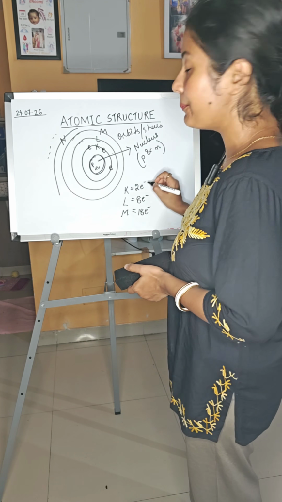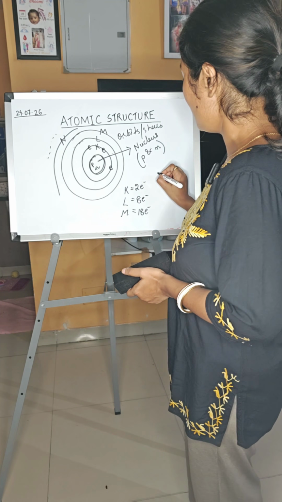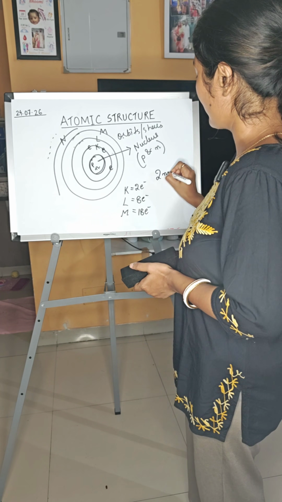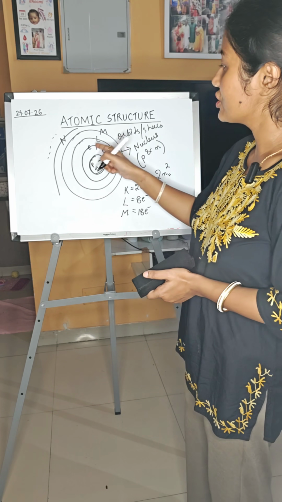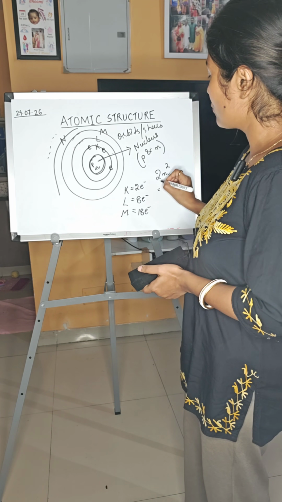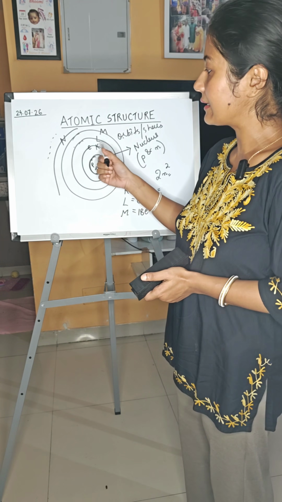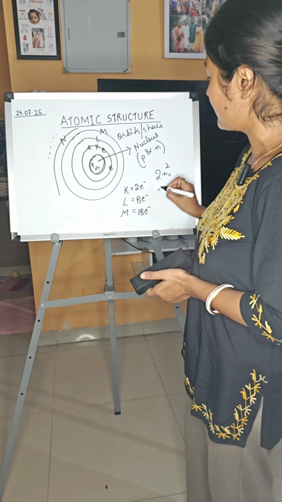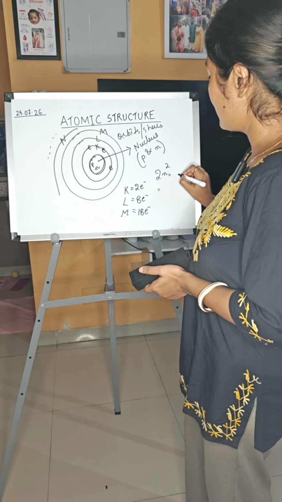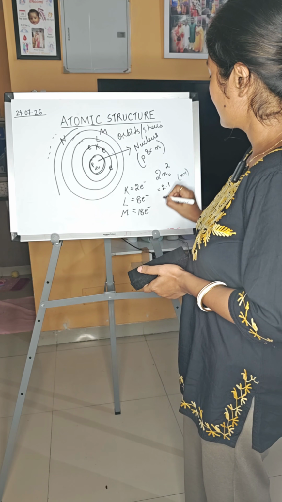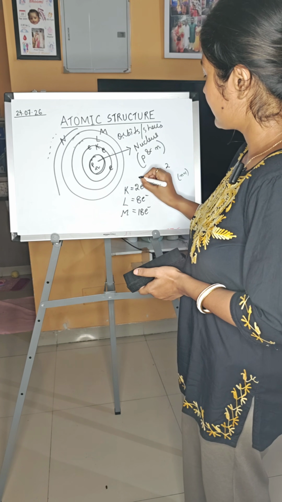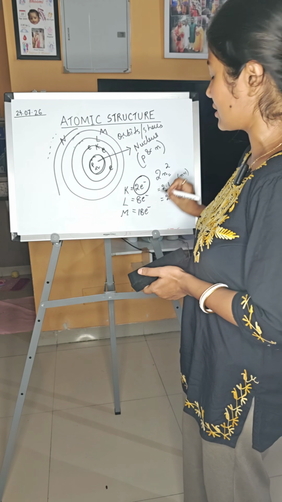Now this can be put in a very general formula, which is 2n square. If you use this formula, n being the number of shell, you can calculate what is the maximum number of electrons that can be accommodated in a shell. For example, for the K shell, n will be equal to 1. So 2 is the maximum number of electrons in the K shell.